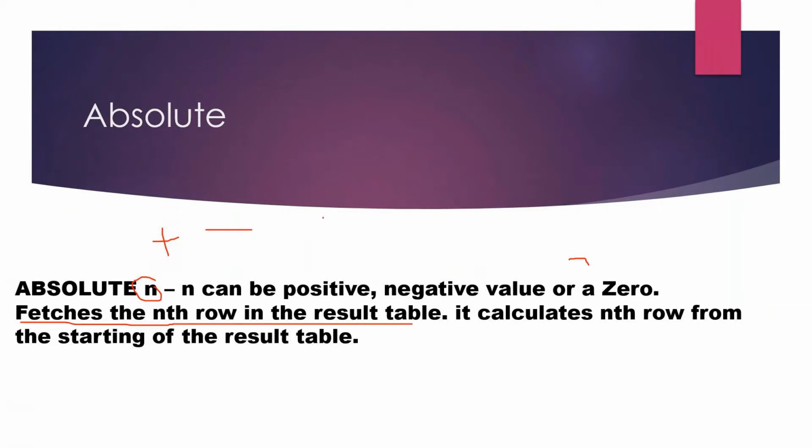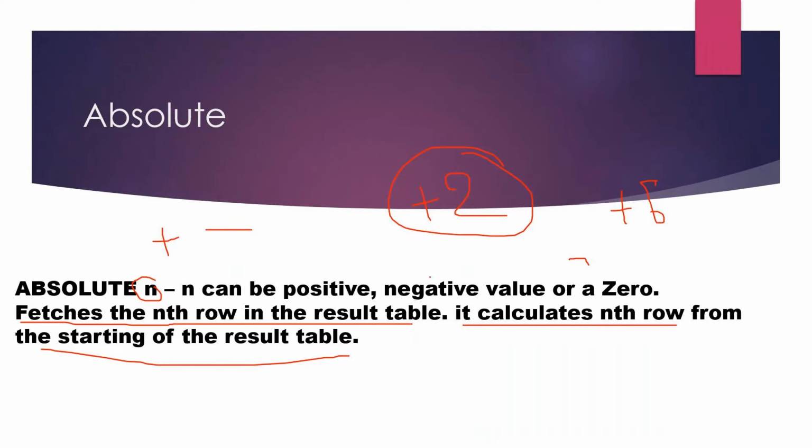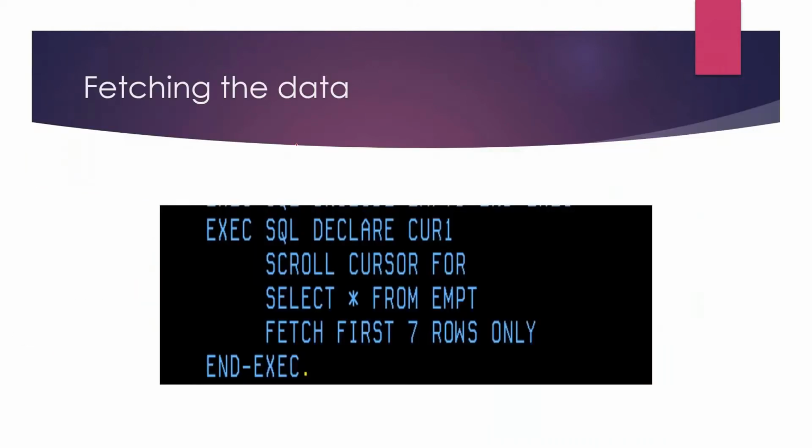So if you write absolute +2, it will fetch the second row. If you write absolute +6, it will fetch the sixth row. It calculates the nth row from the start of the result table. By default, if you give a positive value, it will count from the start.